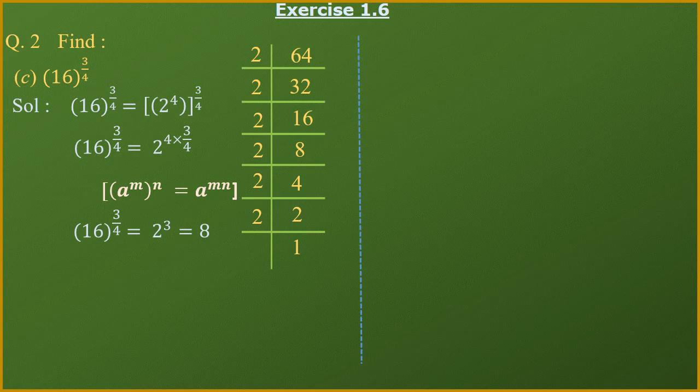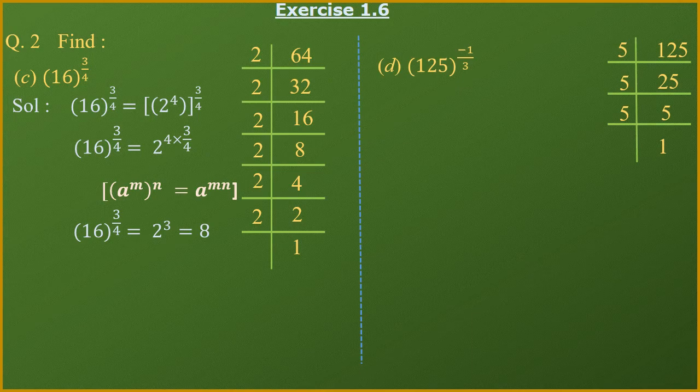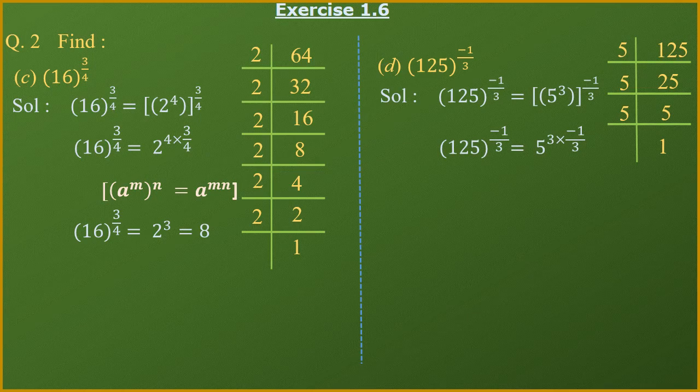Similarly the last part is 125 whole power minus 1 by 3. Again 125, if I factorize, it will be 5 into 5 into 5. So we can write down 5 to the power 3, and 3 and minus 1 upon 3 will multiply, so it will become minus 1.